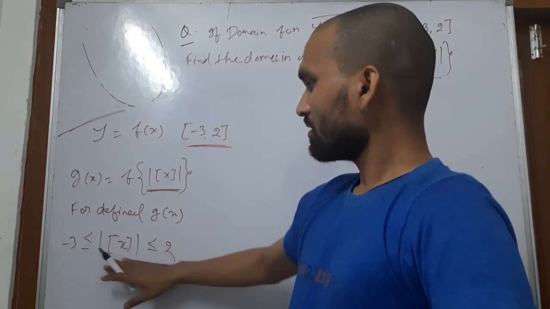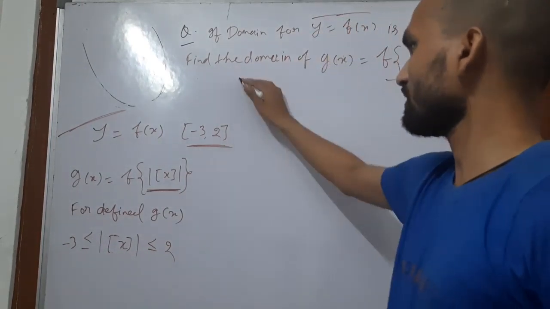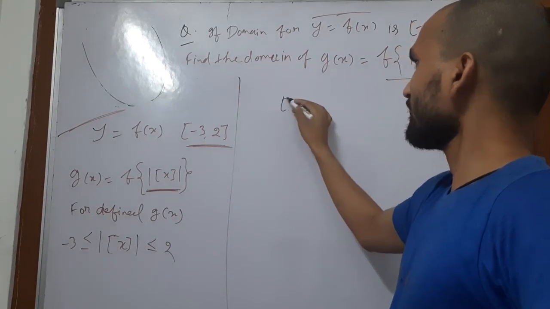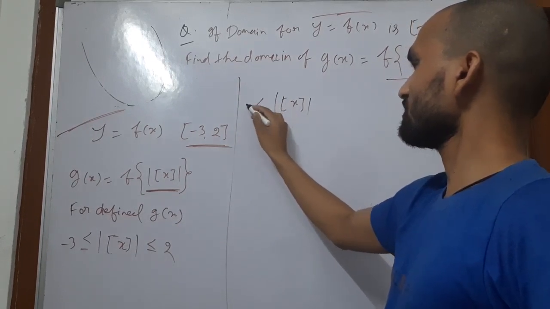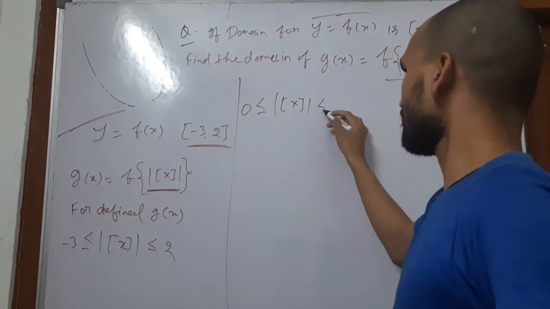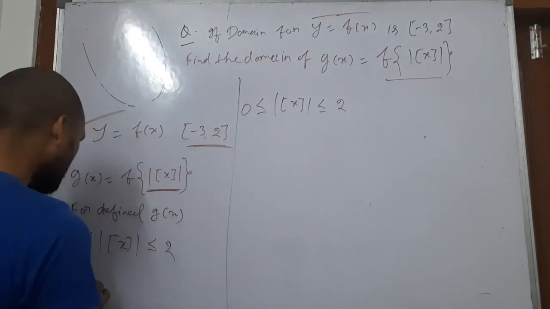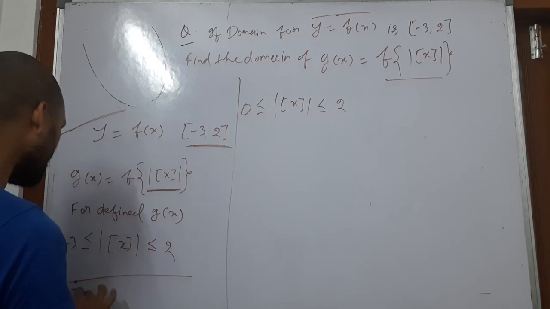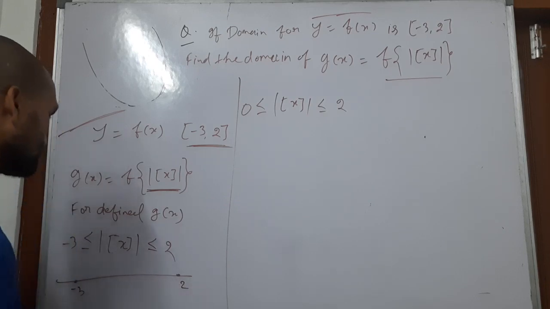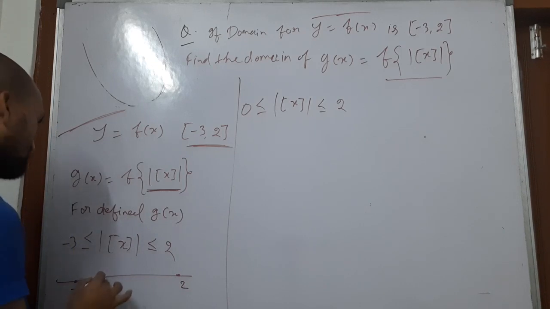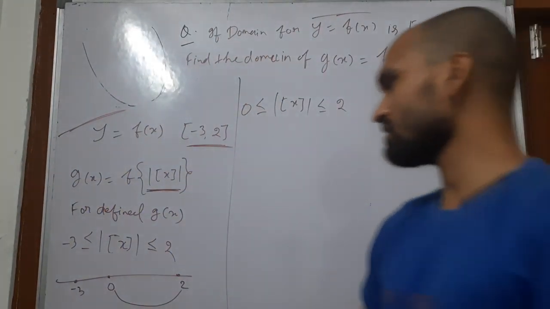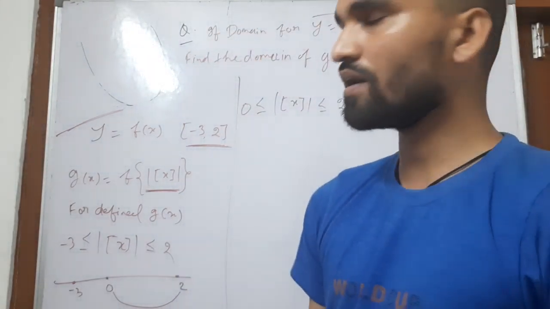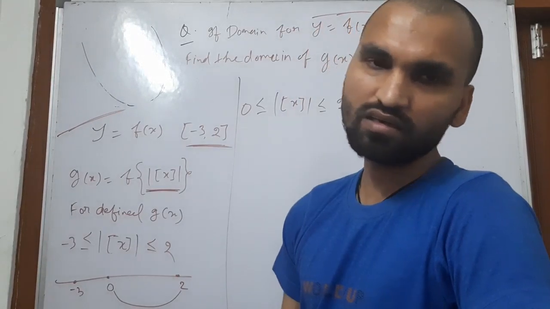So on modifying this relation, we get that mod of greatest integer x will be starting from 0 and up to 2, because we know that these values are from minus 3 to 2, but modulus is never a negative value, so we should neglect negative values and our starting should be from 0 up to 2, because on the left side of 0 there will be negative values and negative values cannot be included in the modulus.